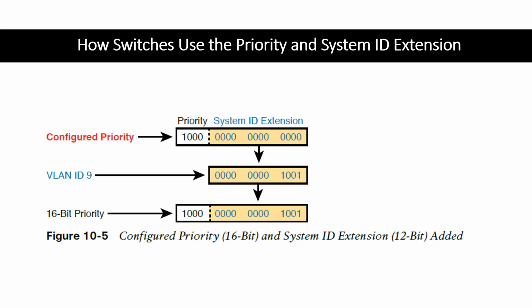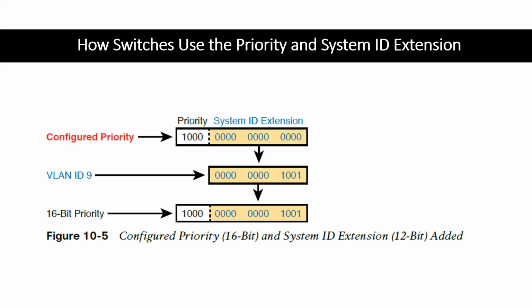Then the switch looks at the system ID extension, and we have 12 zeros. If we move down, we look at the VLAN ID, and it gives us what the decimal 9 is in binary. Putting all this together, we go to the bottom and we see the 16-bit priority all together.